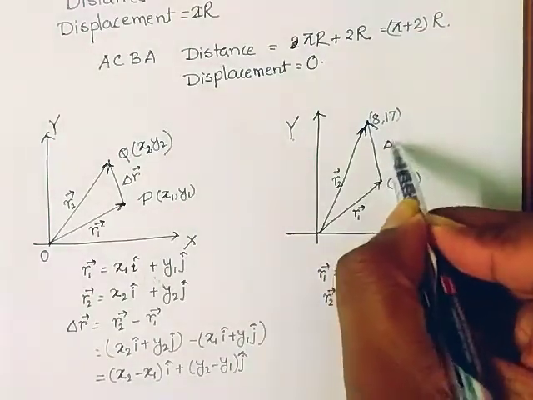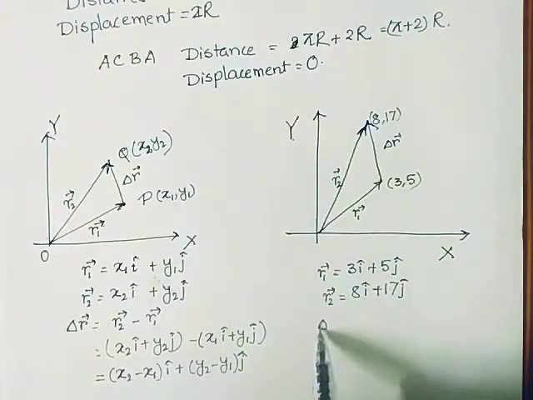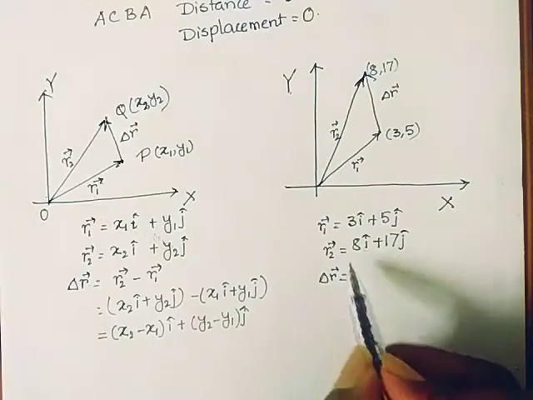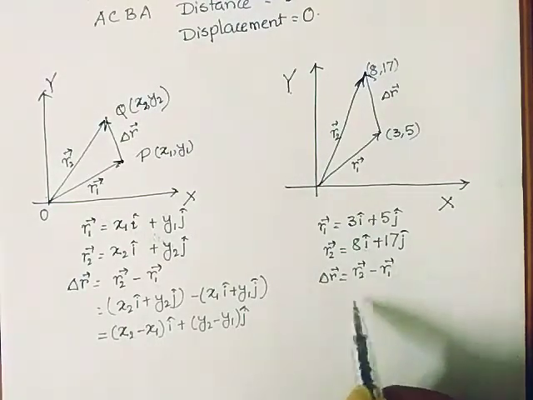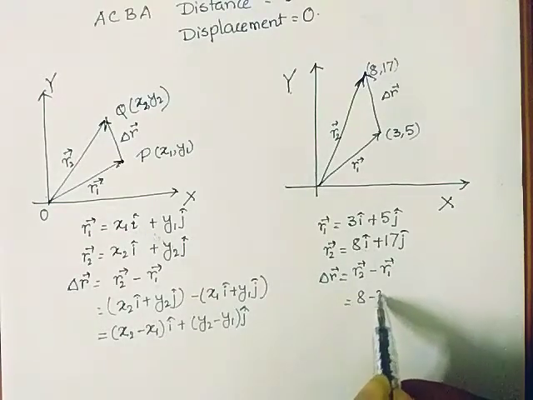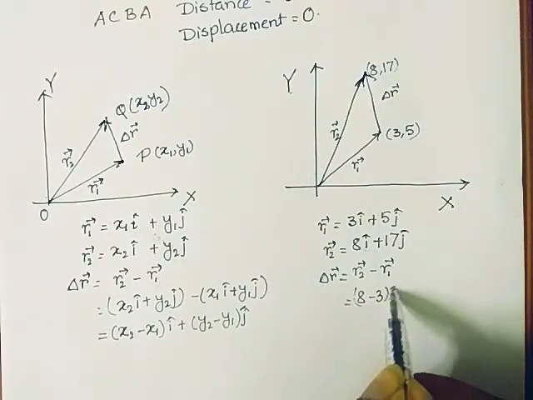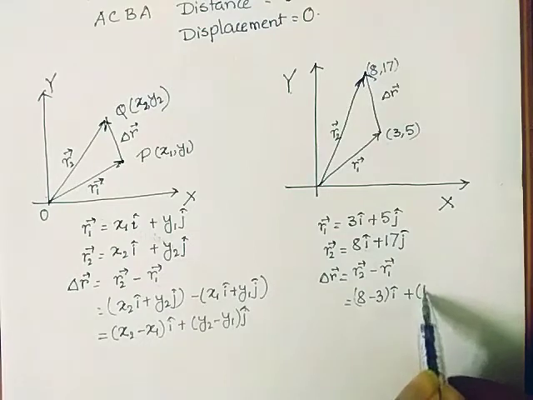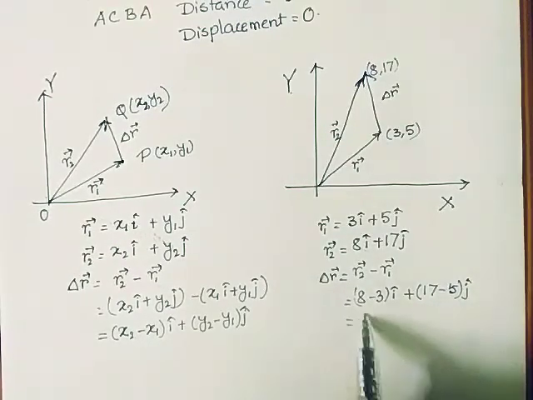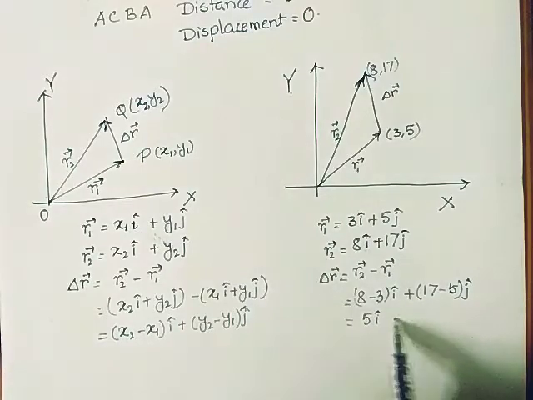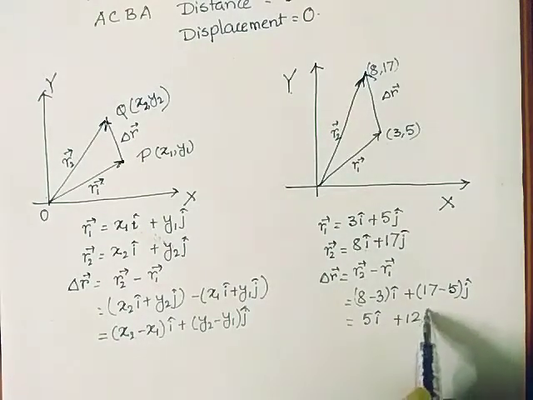Now this displacement vector, del r vector, is equal to r2 vector minus r1 vector, that is 8 minus 3 i cap plus 17 minus 5 j cap. So it is 5 i cap plus 12 j cap.